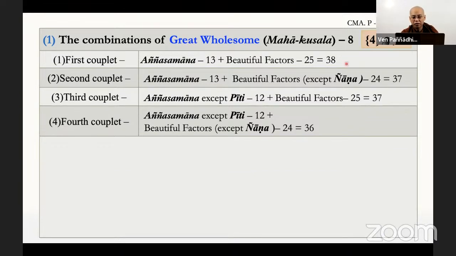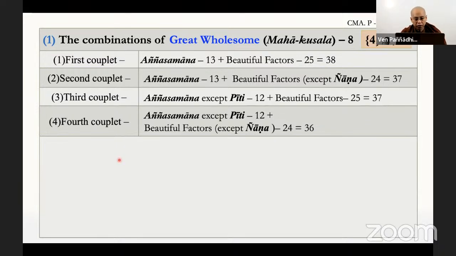First couplet, how many? 35. 35, because only the 3 Viratis will be an exception, so it becomes 35. And second? 34. Third? 34. And fourth? 33. Yeah, it's easy, you just need to keep the principle in your mind. If you try to remember, it's very difficult, easy to forget and complicated.